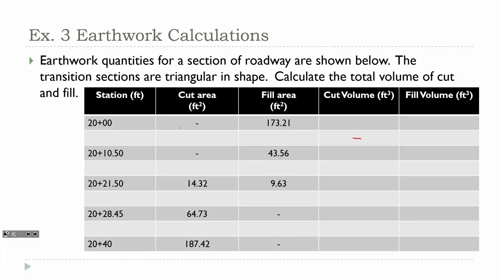For our total fill volume, we can use the average end area, A1 plus A2 divided by 2 times L. What's that going to give you for the first one? The length between those two is 10.5. So 10.5 times 173.21 plus 43.56 divided by 2.